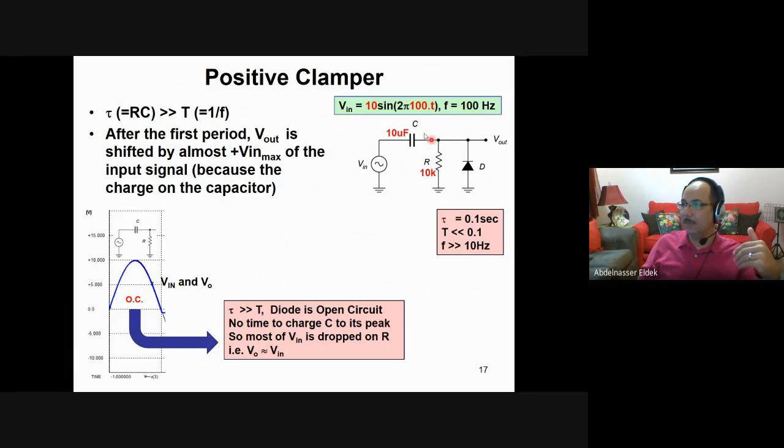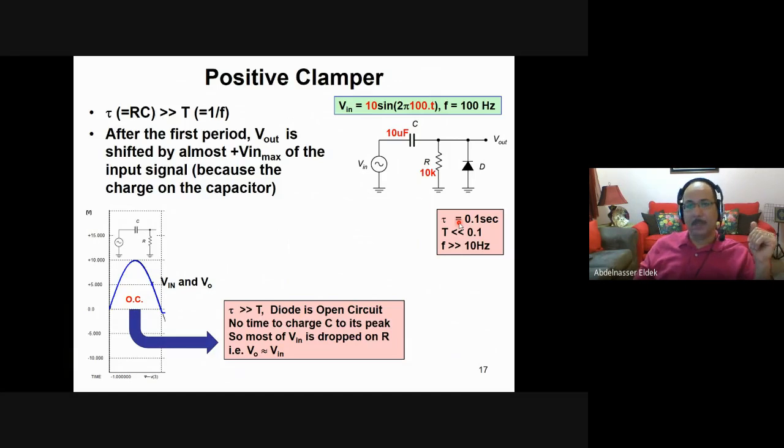For example, for this circuit the time constant is 10 times 10, so 100, micro times kilo, which is 10 to the power of negative 3. So 100 times 10 to the power of negative 3 is 0.1. The time constant is 0.1 seconds. You need 0.1 second to charge the capacitor to 63% of the maximum. This is the meaning of the time constant.